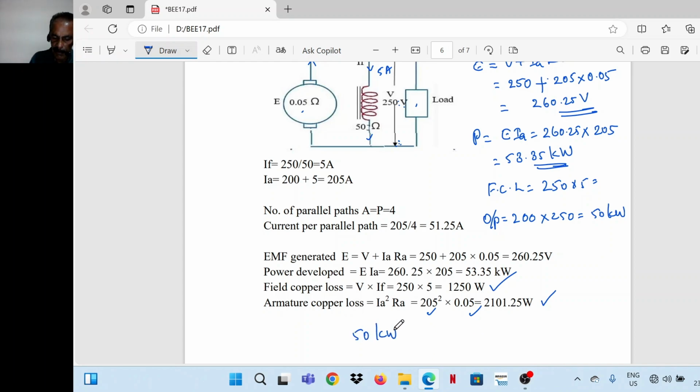That is 50 kilowatt plus 1250 watt plus 2101.25 watt. It should be equal to 53.35 kilowatts. So the generated power developed is the sum of output plus field copper loss plus armature copper loss.